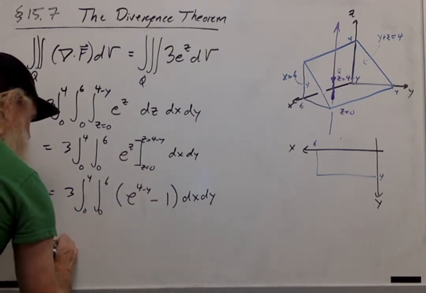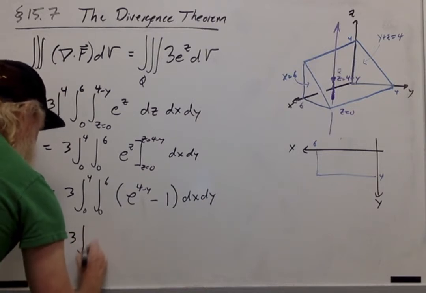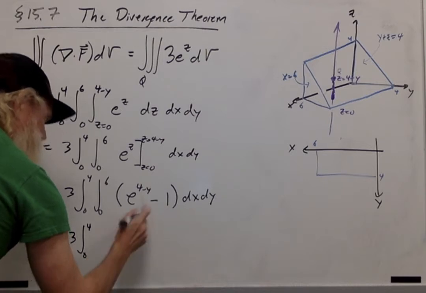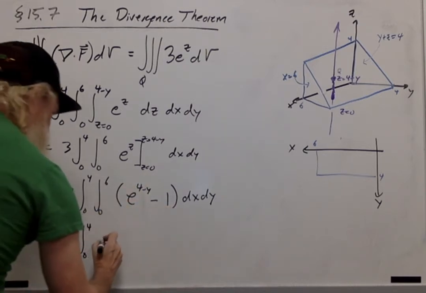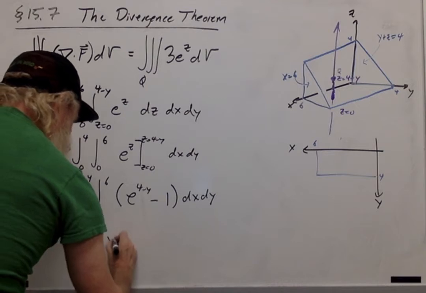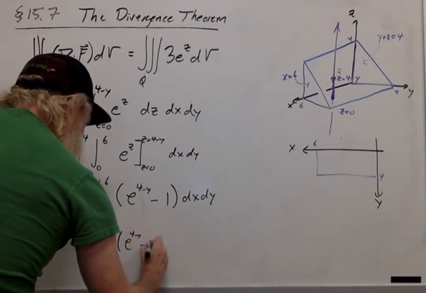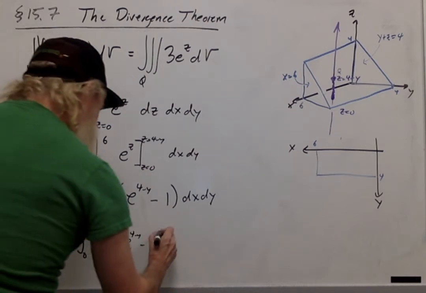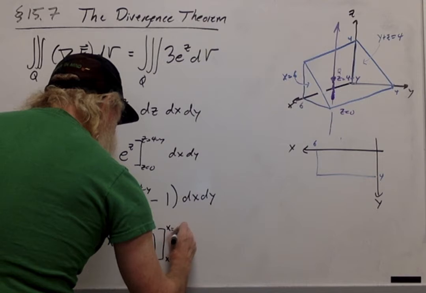Next, I integrate with respect to x. This is all treated as a constant. There are no x's in here. So I just end up with x times e to the 4 minus y minus 1, taken from x equals 0 to x equals 6.